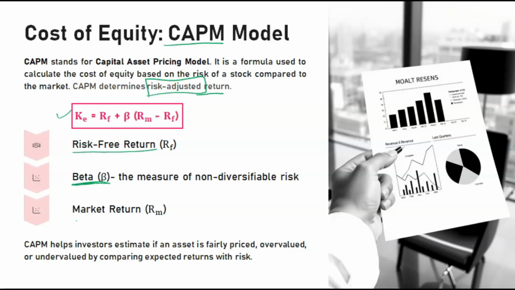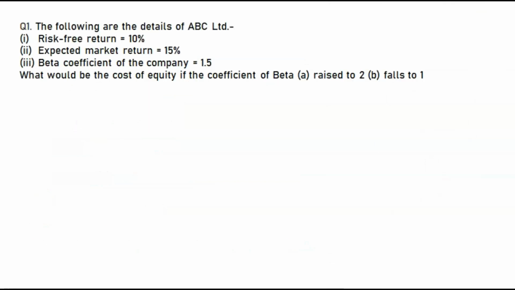And the third thing is market return. So three things: beta, the risk which cannot be avoided; market return, RM; and risk free return, RF, the return after removing the risks. So let's do a numerical based on it. I hope the theory part is clear.